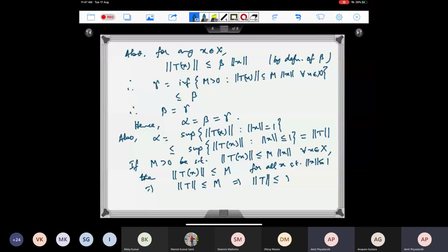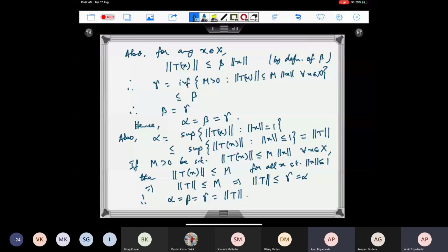So we have shown that alpha is less than or equal to norm T and norm T is less than or equal to gamma, which we know is equal to alpha. So therefore alpha equal to beta equal to gamma equal to norm T. Okay.